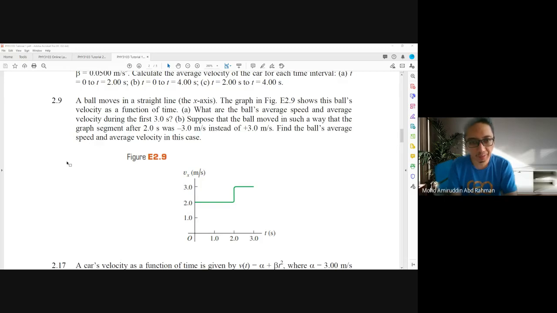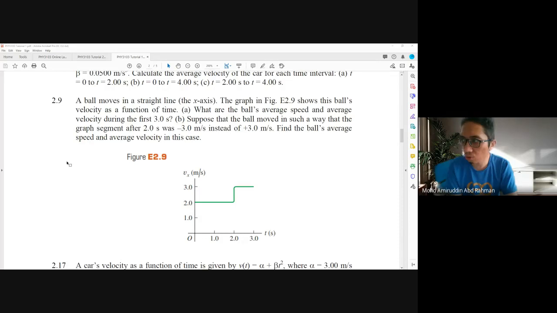And then the average velocity, okay, so the average velocity, so v_avx is equals to delta x divided with the delta t, okay, which is 7 divided with time taken is 3. So the average velocity is 2.33 meter per second. Okay. So I hope you get it.